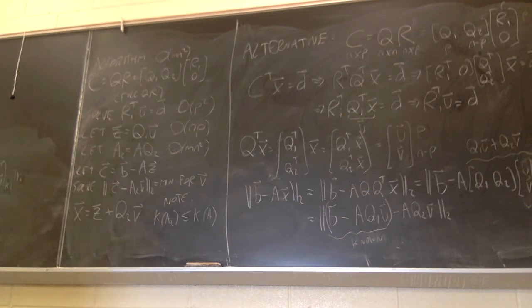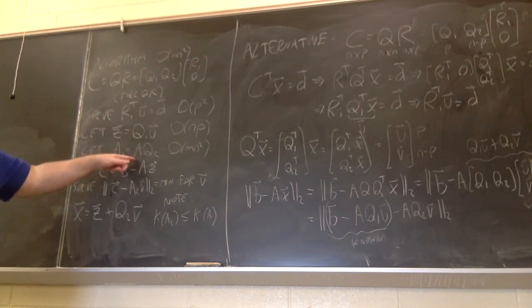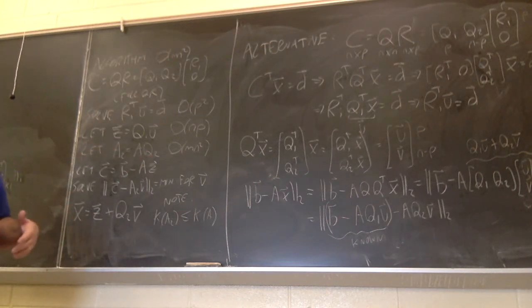The unfortunate thing is that if the original constrained least squares problem is sparse, then from computing all these entities, you tend to lose that sparsity. For example, in this step, A times Q2. Whereas you don't have that same issue with the method of Lagrange multipliers. So it really depends on the properties of the problem at hand.